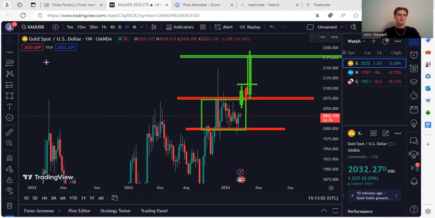That's the pattern. Then the third setup is, say you missed this move up. What price has now done is create a high, so we can expect that the next candles will pull back or retrace for us to form a support.